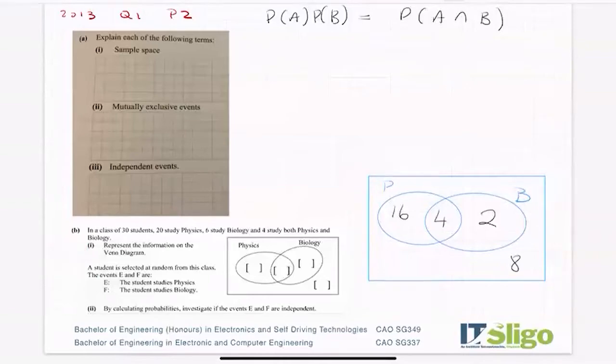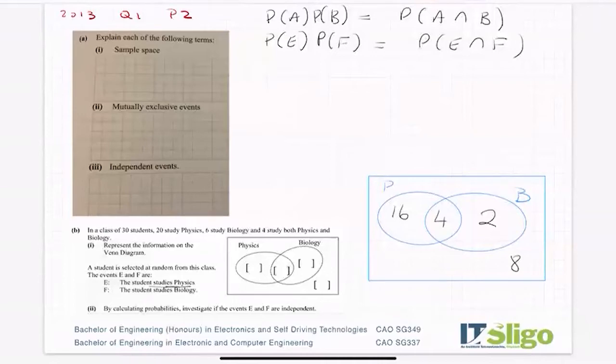Okay, so what is the probability that someone is studying physics and biology? Well, let's just change it. So E is studying physics, F is biology.